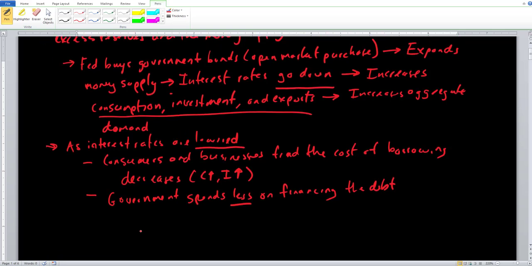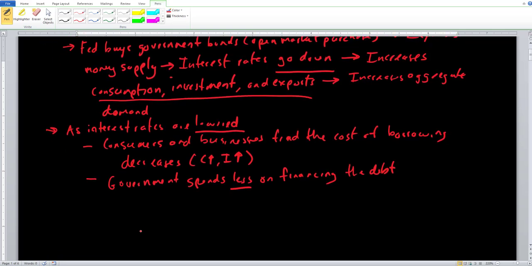And then finally here, we take a look at the international side with net exports. So here, this is where the impact of bonds are going to be seen. So do you think American bonds are going to be more expensive or less expensive when interest rates go down? So remember, there is going to be an inverse relationship between interest rates and bond prices.